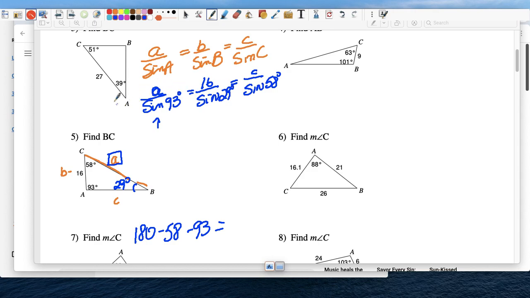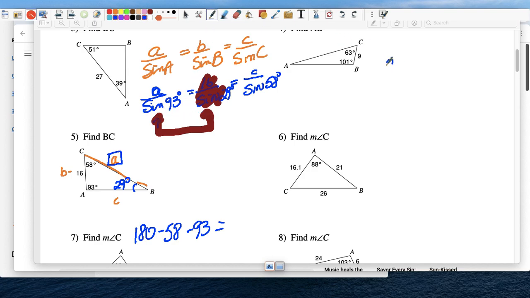It can't be this one, because if you set a proportion with this one and this one, you're going to have 2 unknowns, a and c. So you can't solve it. But if you use this guy and this guy, you can.